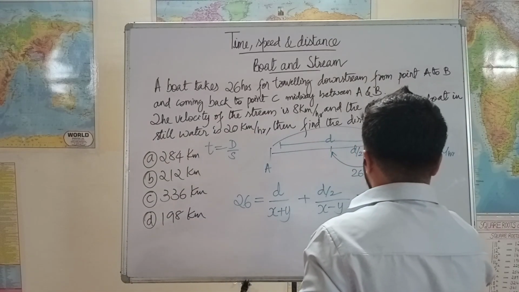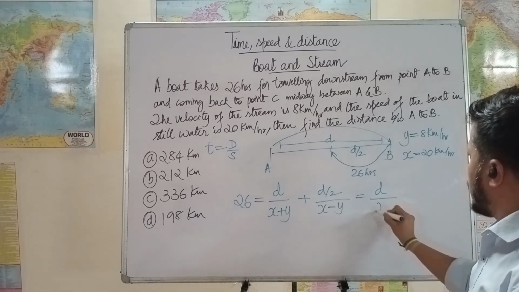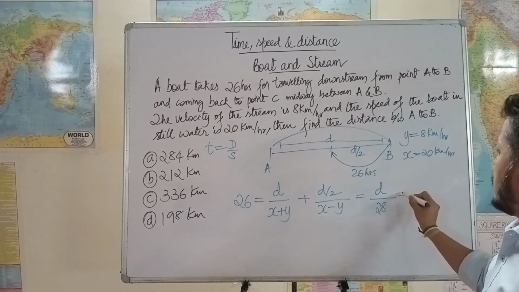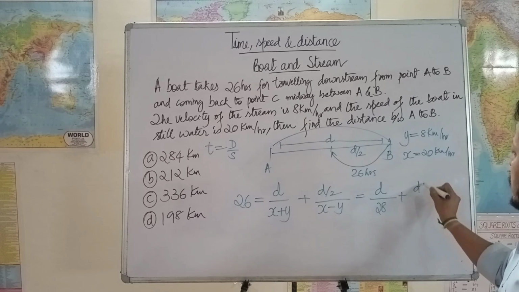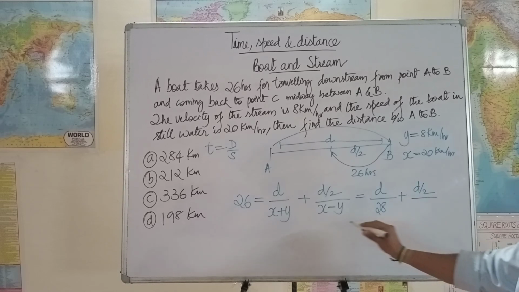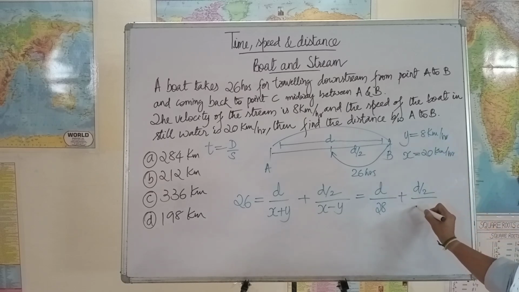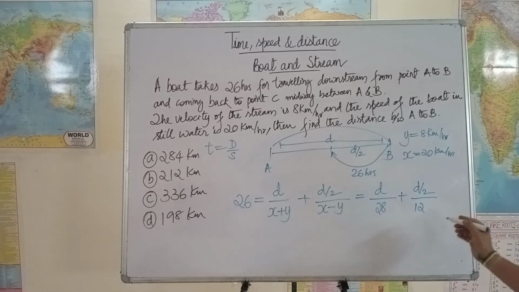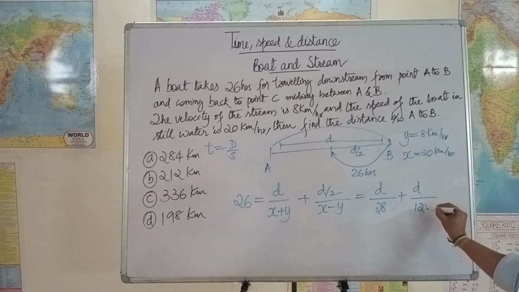We do not know what d is, but we know x and y. So x plus y is 28, plus d by 2 divided by x minus y, which is 12, right? 20 minus 8 is 12. So I could directly multiply this and write 24. This d by 2, I will take it downward and make it 24.